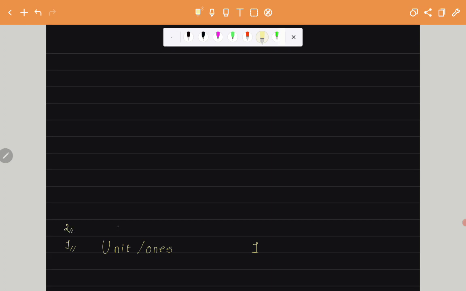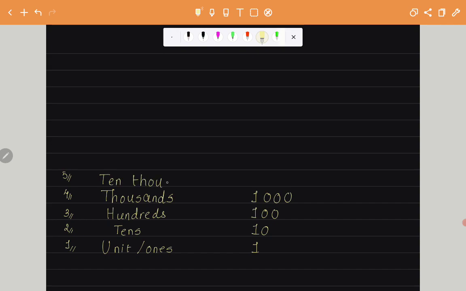The next one is tens, that is 1 0. The next one is hundreds, so 2 zeros. Then 1000, that is 3 zeros. Then 10,000. Because we are talking about place value, we have to write thousands, hundreds, like that.